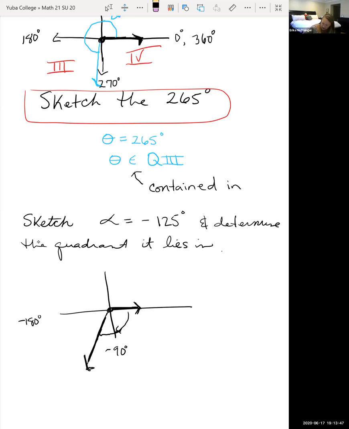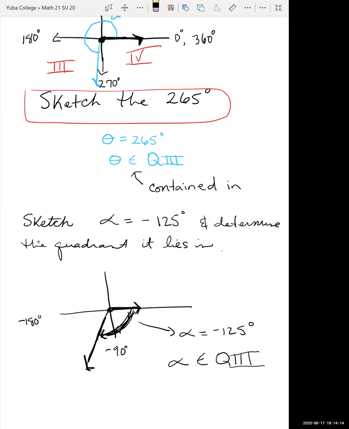And so right here, this angle alpha is negative 125 degrees. So our angle alpha is contained in what quadrant? And so that one also falls in quadrant 3.